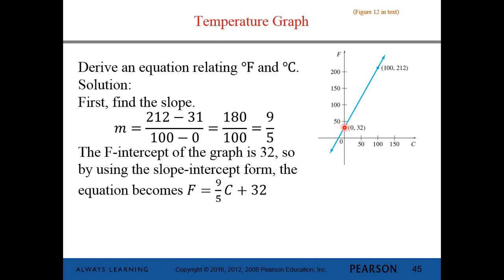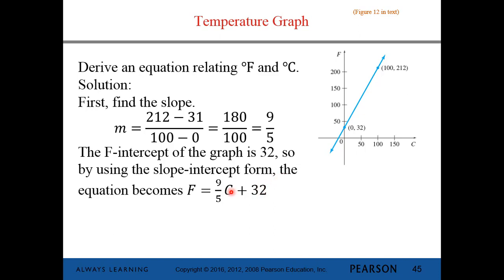So when Celsius is 0, F is 32. So the F-intercept is 32. And guess what? This is your slope. This is the F-intercept. And C is your x variable. So it's going to be degrees Fahrenheit is equal to 9/5 degrees Celsius plus 32.